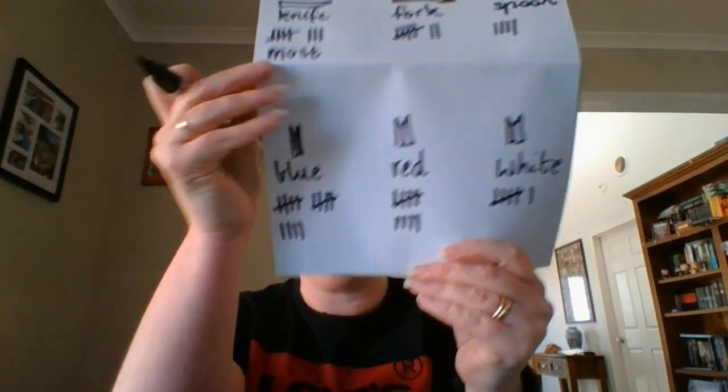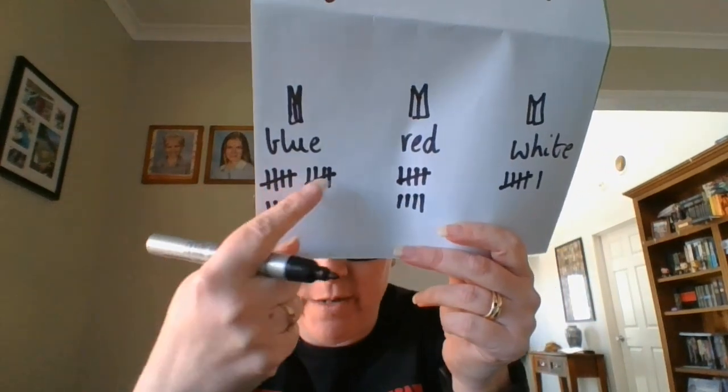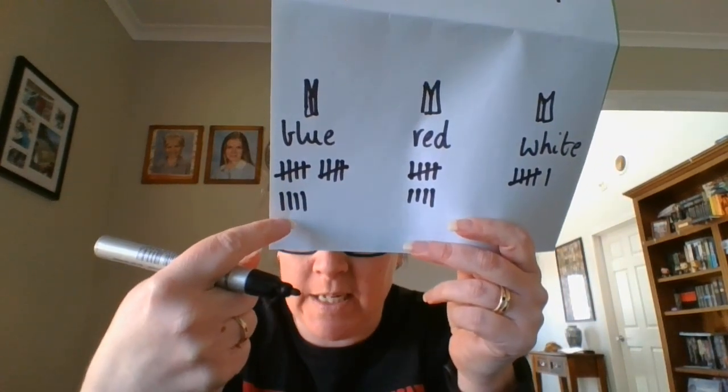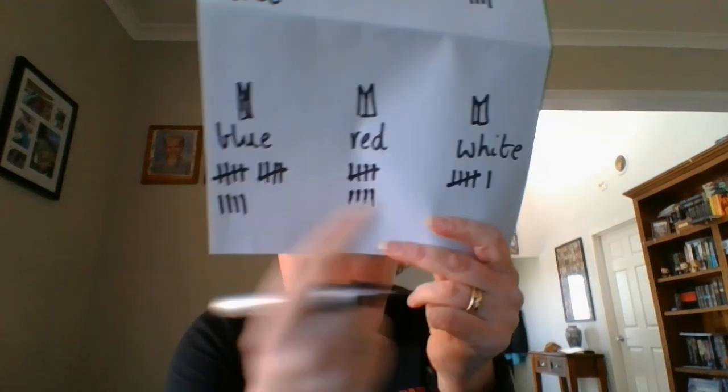I have 1, 2, 3, 4, 5, which goes through, and 6 pegs. So there we go. So let's see, 5, 10, 11, 12, 13, 14, then 6, 7, 8, 9, and 6.